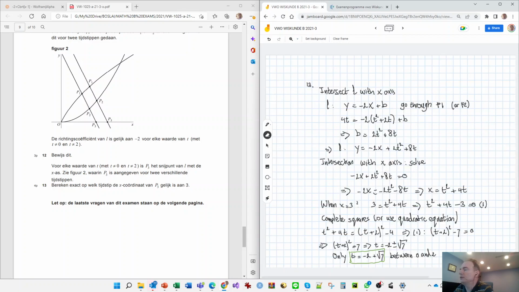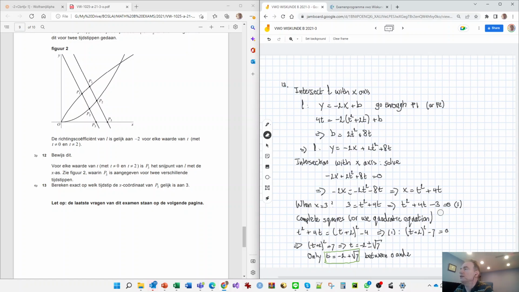Well, we need to take that line L and intersect it with the x-axis. We know the slope of L, namely minus 2. And so even if you didn't answer 12 correctly, or were not able to, you can just use that fact from question 12.